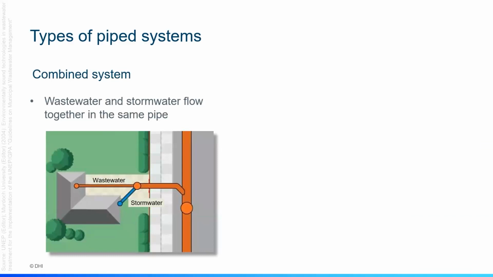We traditionally look at the two main urban drainage systems. The combined system, where the wastewater and stormwater flow together on the catchment already in one pipe, and then use one pipe in the street as well.